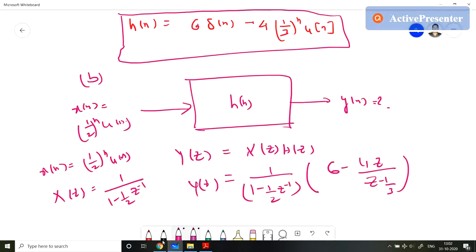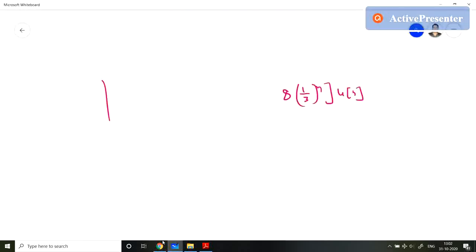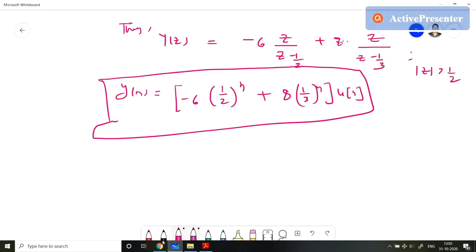The simplification of this gives us Y(z) is equal to minus 6z divided by z minus 1 by 2 plus 8z divided by z minus 1 by 3, and of course this is a causal sequence.